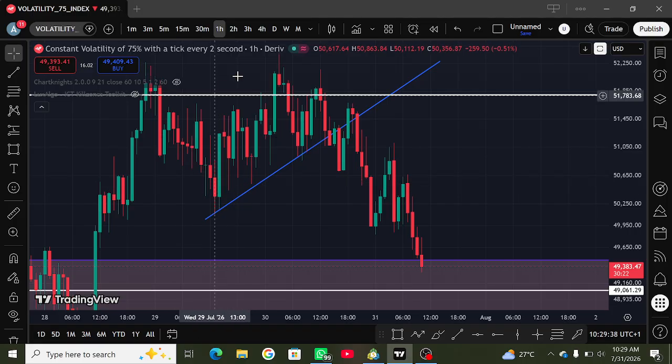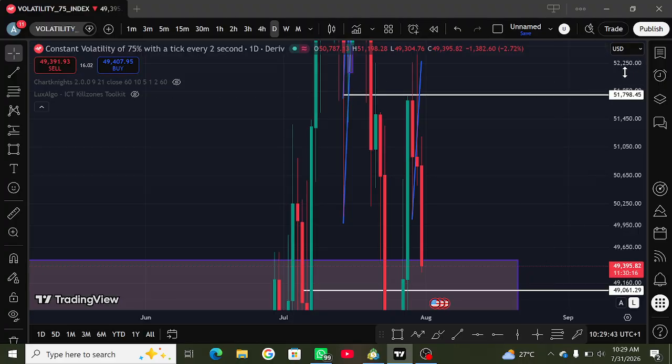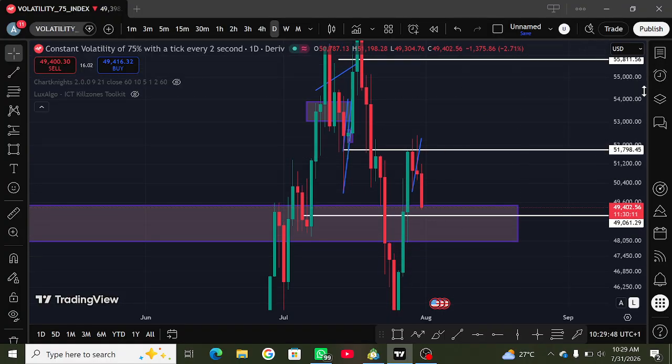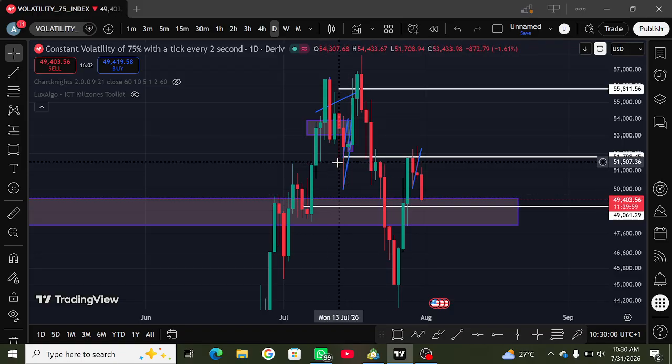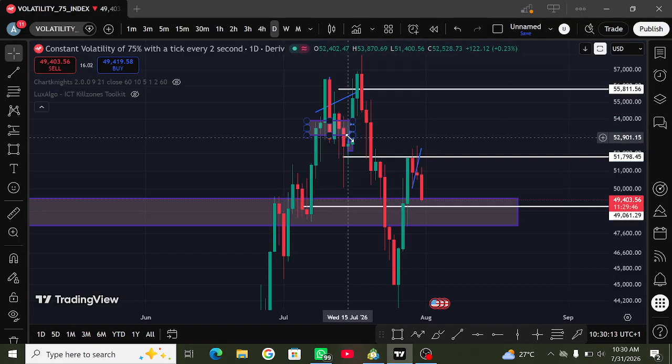Let's go to the daily time frame as a day trader. You can see that this market has been buying. Meanwhile, remember that there was a change of character here. Let me remove this thing to tidy up.